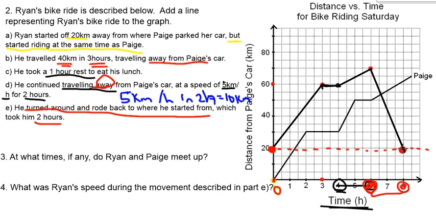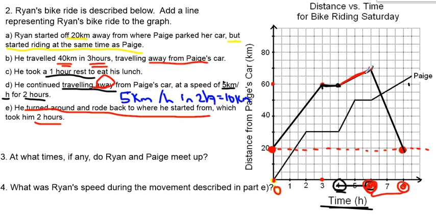And that's Ryan's graph. So just before I talk quickly about the next two questions, have a look at the graph. If you look at just the Ryan portion, so ignore Paige for a second, just look at what we did for Ryan. Can you tell when Ryan was riding the slowest just by looking at the graph? And hopefully you can, because remember, speed is the steepness of a distance time line graph. And this portion of the graph is the least steep, meaning he traveled the least distance in 1 unit of time.